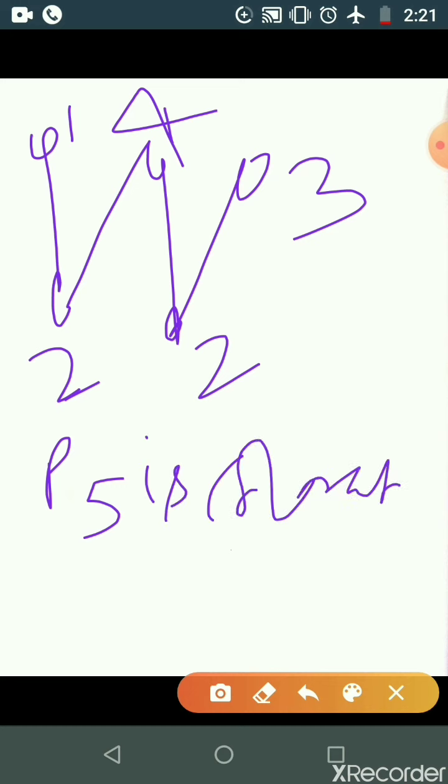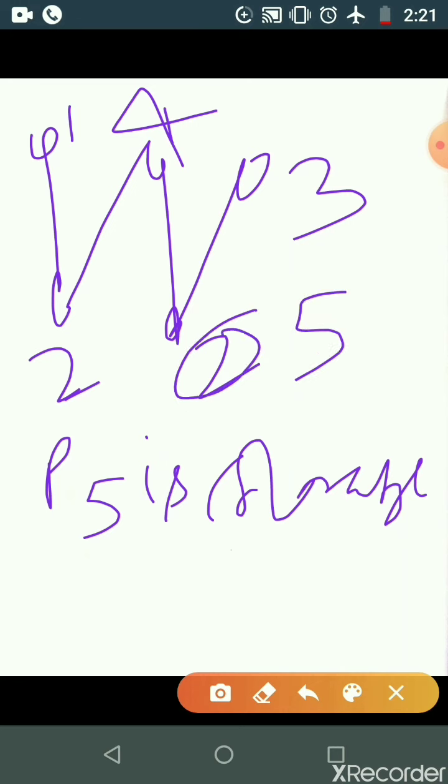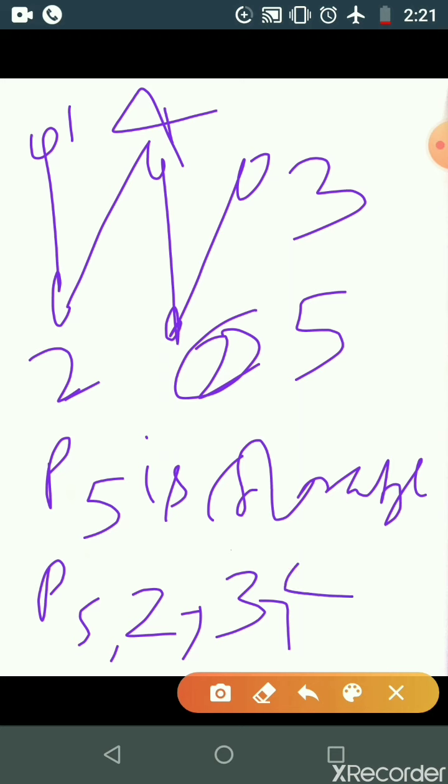And maximum, if you are coloring all the vertices with different colors, then it will be 5 coloring, okay? So P5 is 2 colorable, 3 colorable, 4 colorable and 5 colorable, correct?